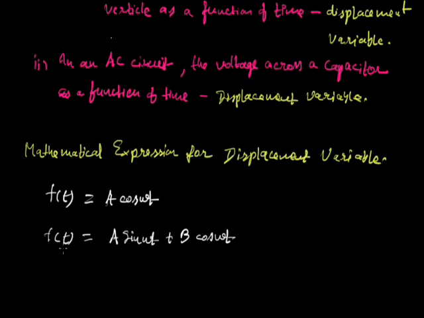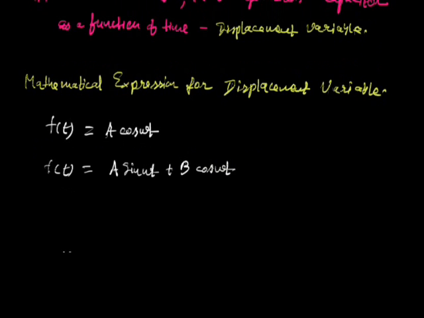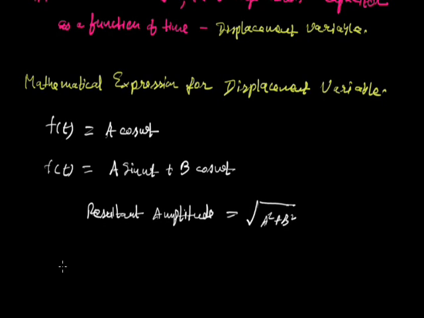For this function we can consider the resultant amplitude as square root of a square plus b square. And the initial phase angle for this time variant function we can give as phi equals tan inverse b upon a.